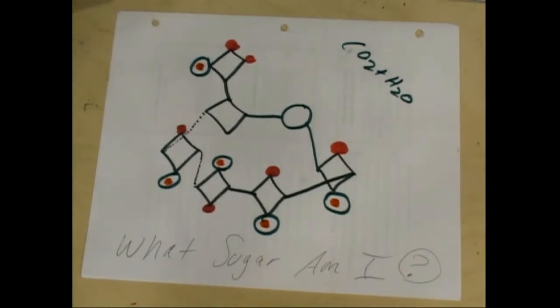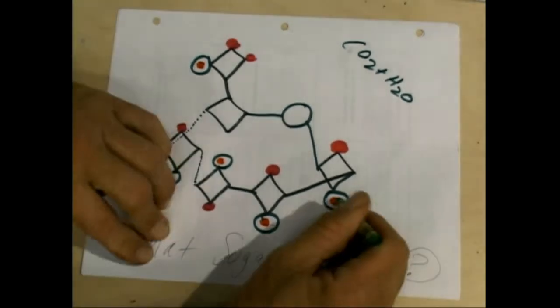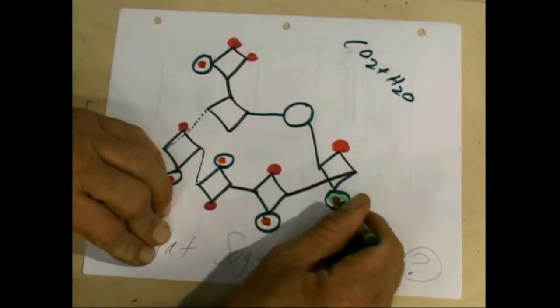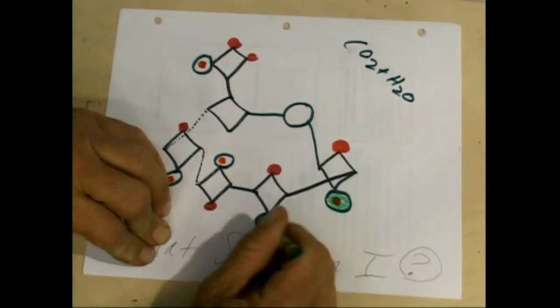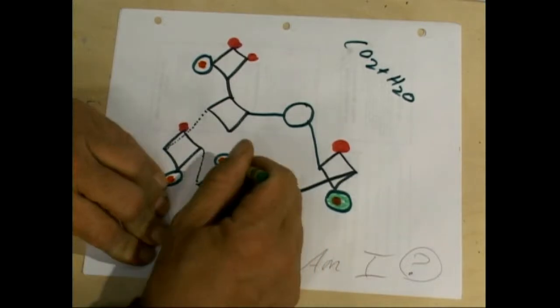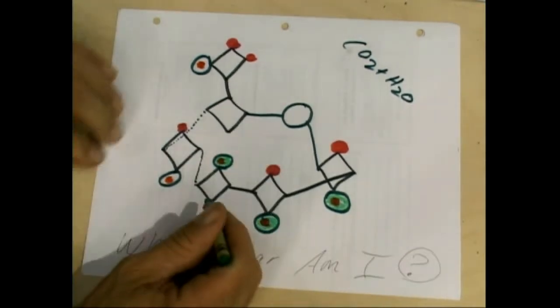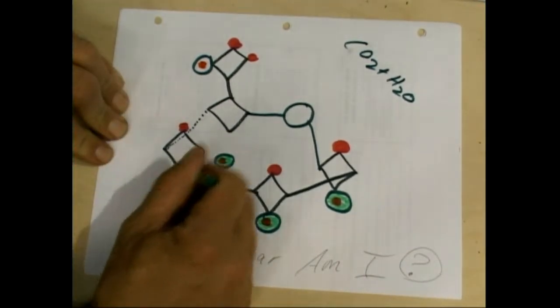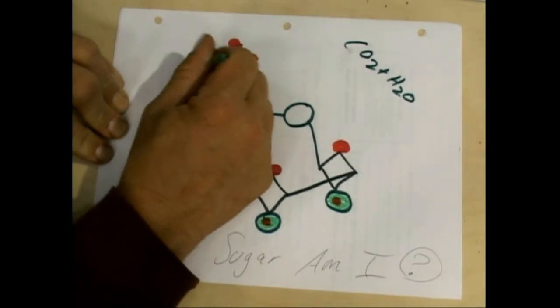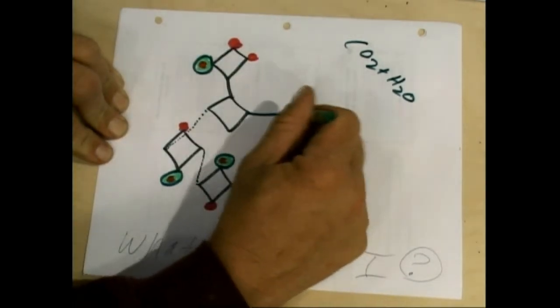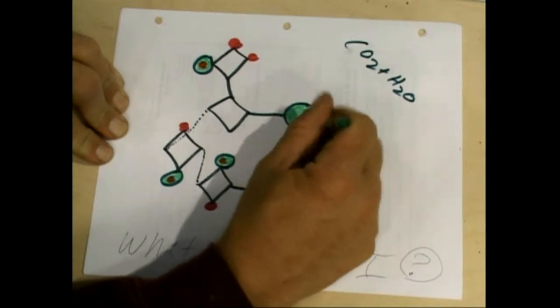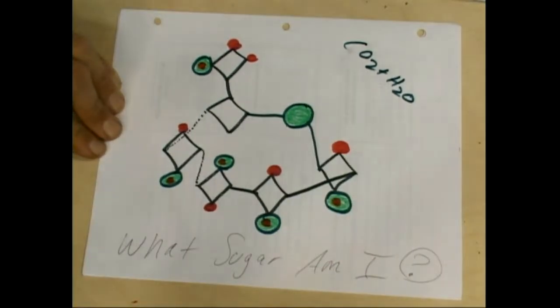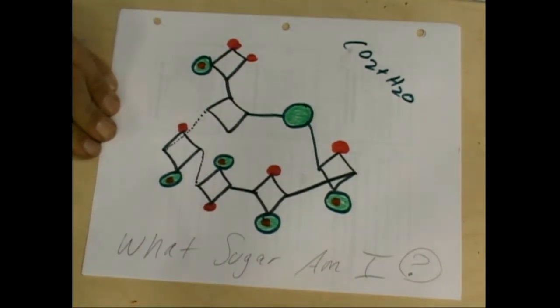Where the green went. So these OHs, we can color them with the dot in the middle. Call them alcohol groups. Color that all the way in the middle. So see how colorful that is now? I think this is so cool.